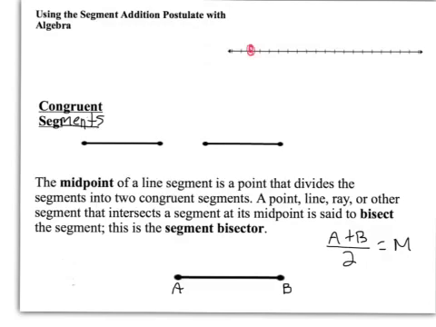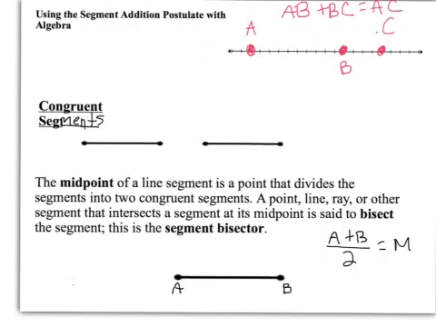They'll give you a line segment AC and tell you that some point B is between A and C. And they're all collinear, so they fall on the same line. This must mean that AB plus BC equals the whole line segment AC.